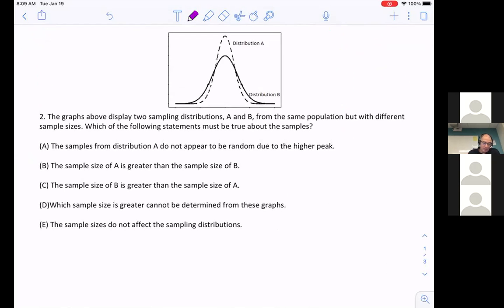I'll read it. The above displays two sampling distributions, A and B, from the same population, but with different sample sizes. Which of the following statements must be true about the samples?